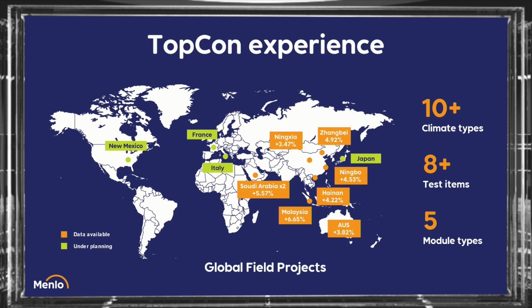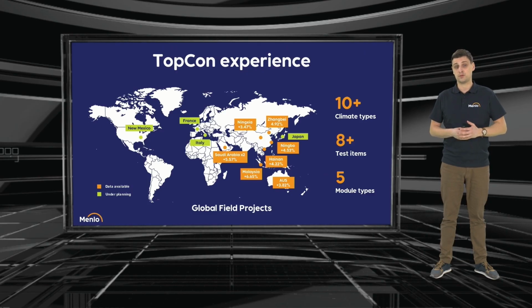And thanks to TopCon already having experience in real life, we can not only see charts of how much better they are, but also see real results in different plants in different areas around the world, because we already have real experience with TopCon models.